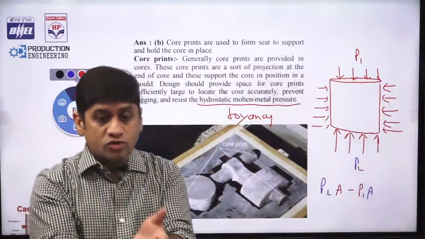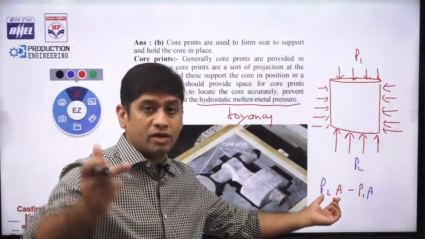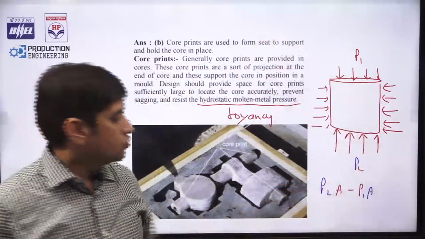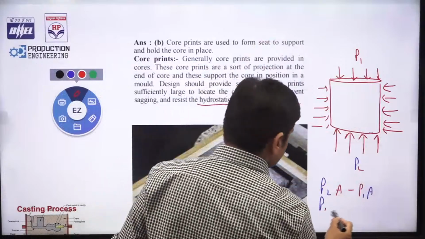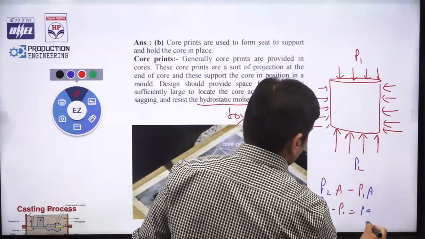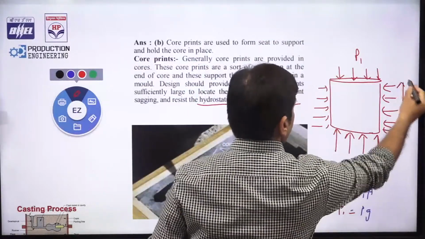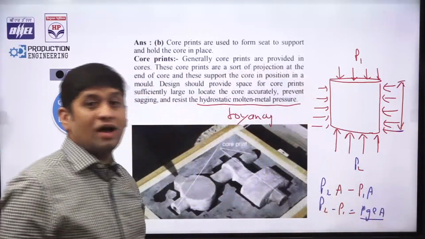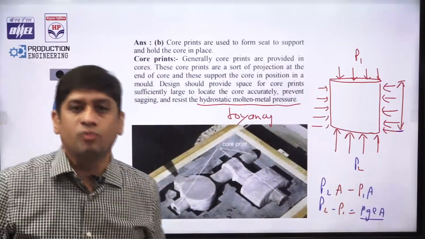So net pressure force acting on the body is nothing but P2A minus P1A. And what is P1, P2? Rho g z. So when you take P2 minus P1, you get rho into g into this entire height, let us say this is L. Rho into g into L into A. That is nothing but buoyancy force.